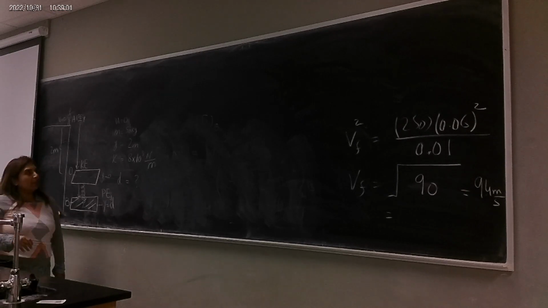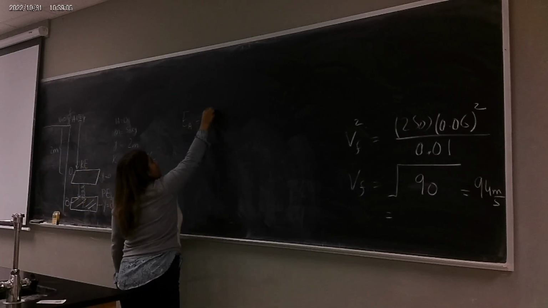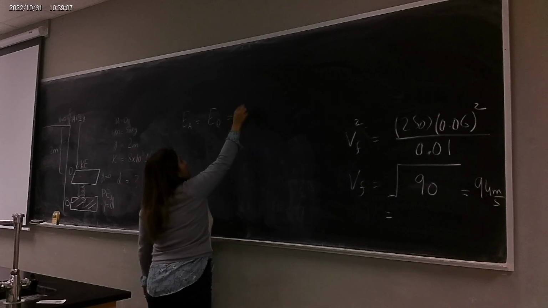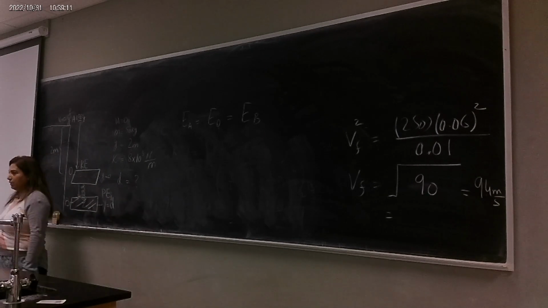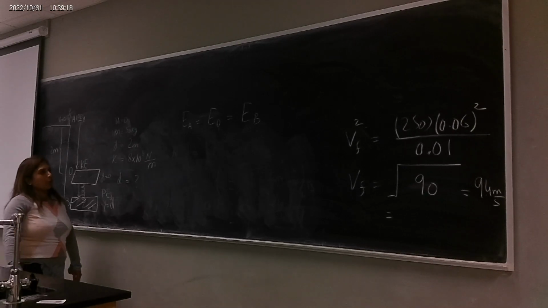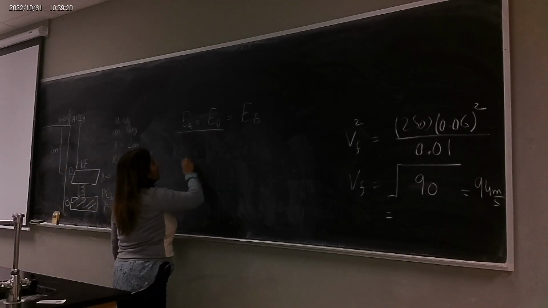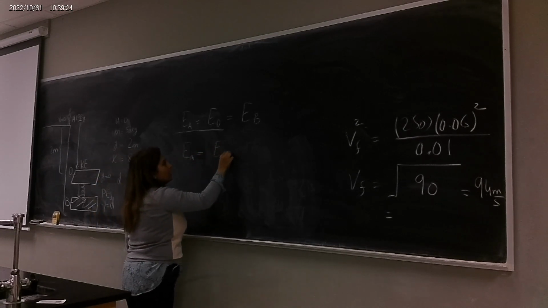Okay? But mathematically, the energy at point A should be equal to the energy at point O should be equal to the energy at point B because it's a total energy. Correct? You all agree? I'm going to take this part of it. I'm going to compare these two energies, EA and EO.